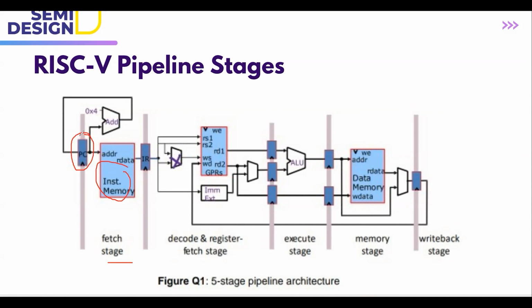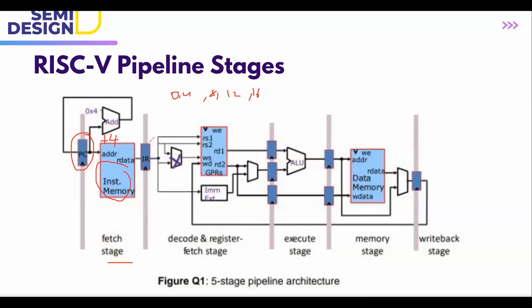The program counter will always be incremented by 4. So we'll go from 0, 4, 8, 12, 16 like that, because here we are using byte addressing, right? So that's why the program counter will increment by 4 every time.